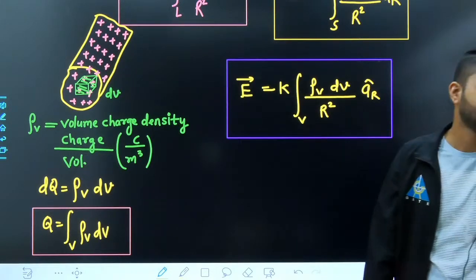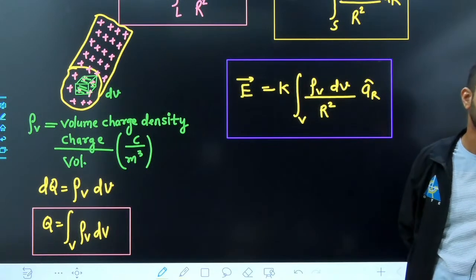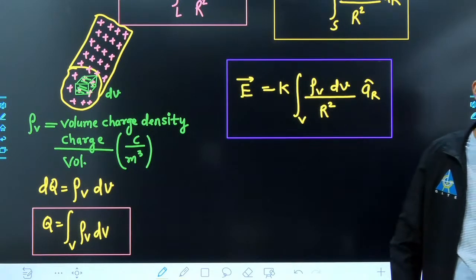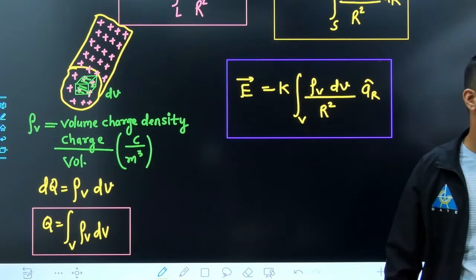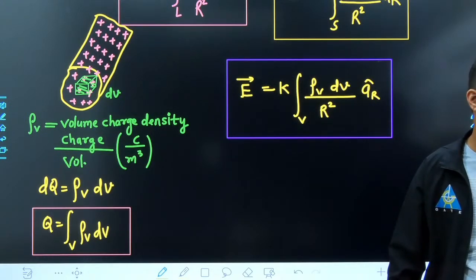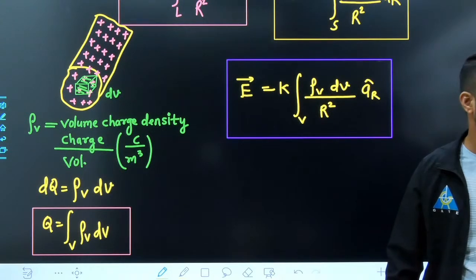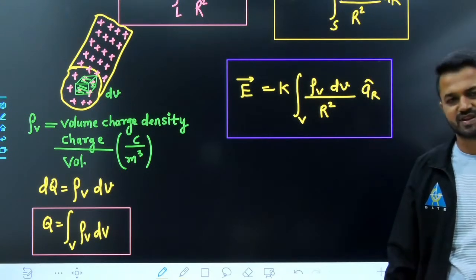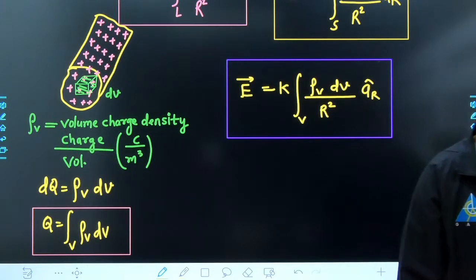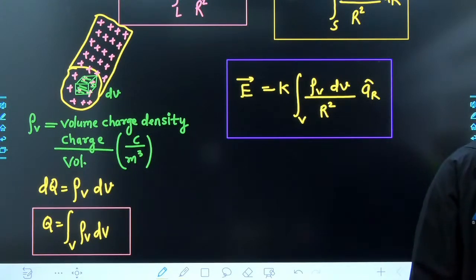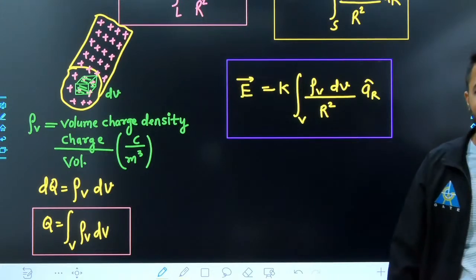You can keep it in your least priority, but you should not ignore it, because there is a possibility that they will ask the question from that particular topic also, because it includes the Maxwell equation. So they can ask question from the Maxwell equation, and they might be asking about Gauss's law, Ampere's law.